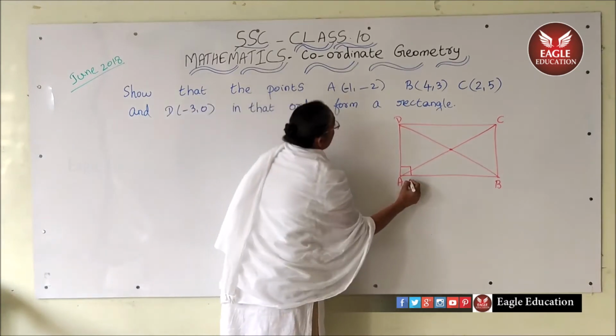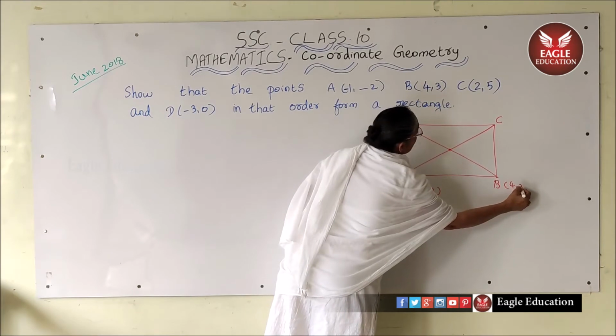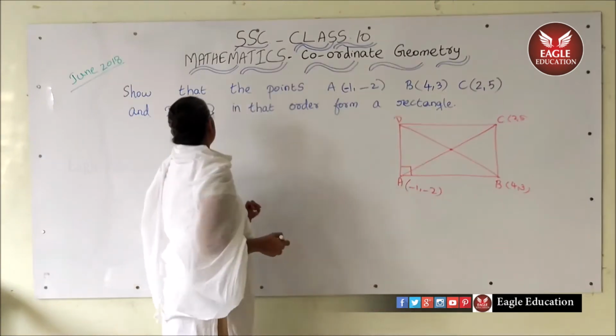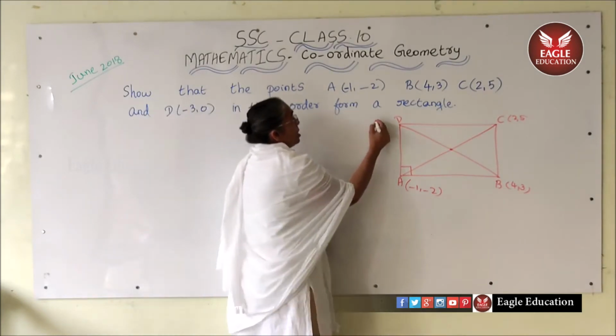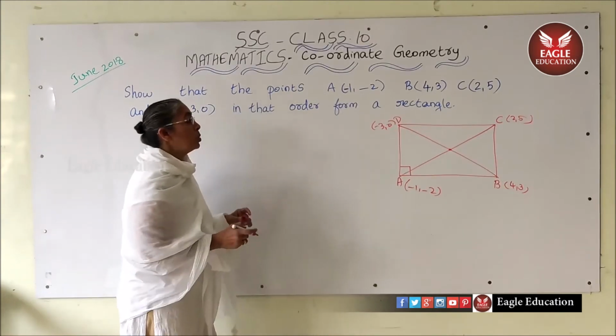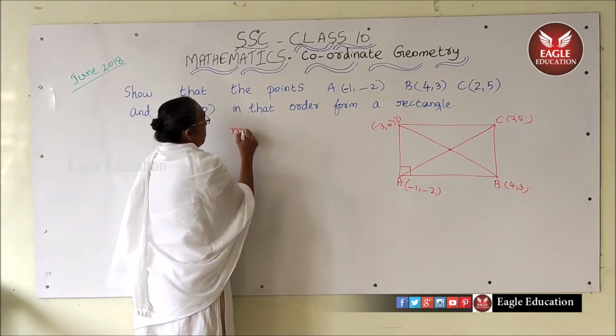A point is given as -1, -2, B 4, 3, C 2, 5 and D vertex is given as -3, 0. Now to prove diagonals bisect each other, we have to use the midpoint formula.